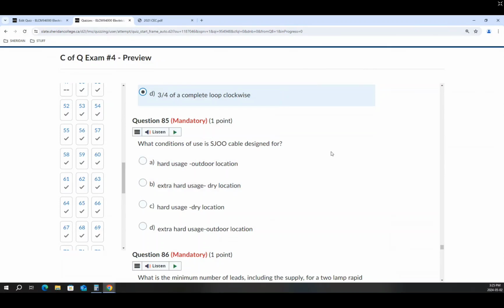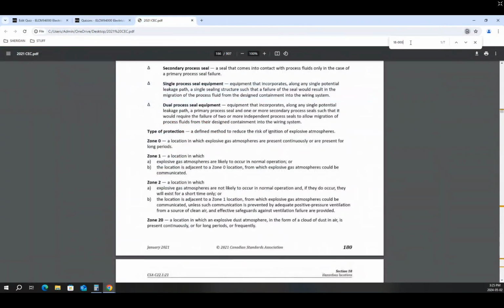85. What condition of use is SJOO designed for? I want to go to table 11.